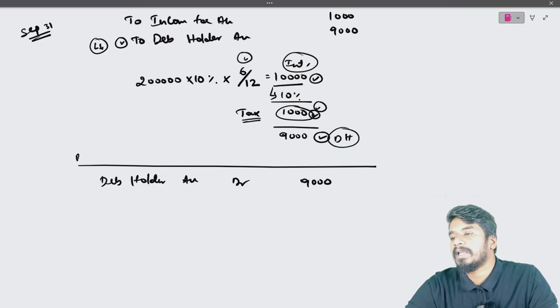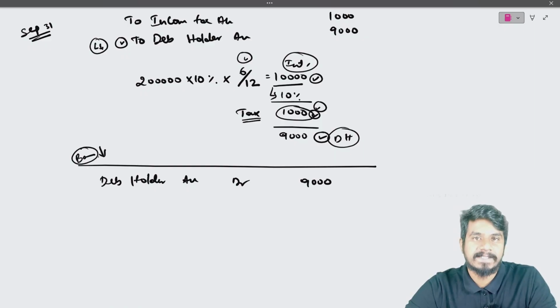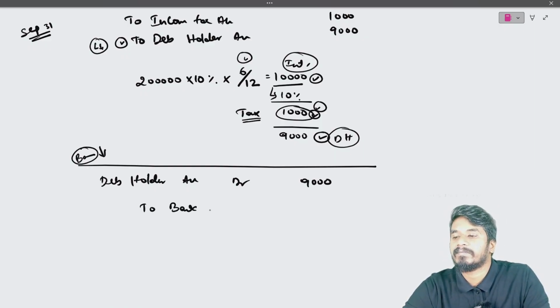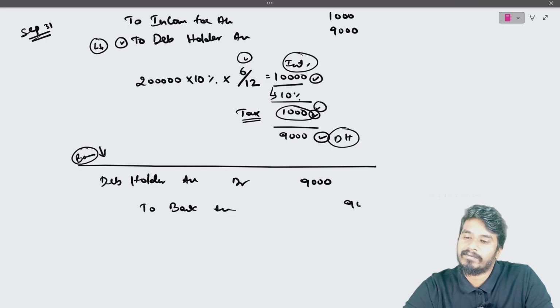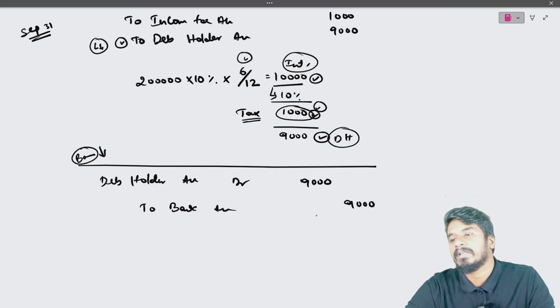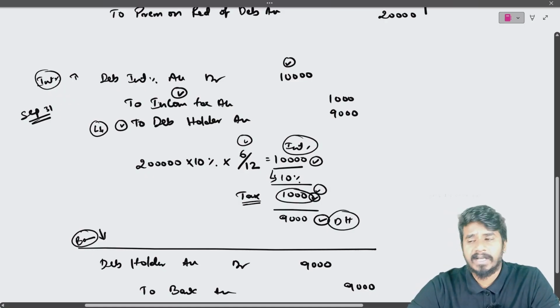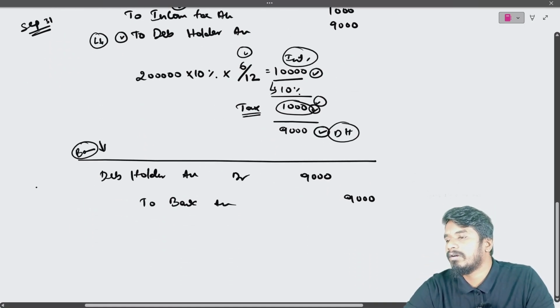Through what will we pay? Through bank we will pay. So bank account will go down. Obviously, the asset is decreasing. If an asset decreases, we will credit it. Bank account will get credited for the same 9,000. Now we need to pay income tax also. Correct. So this is the September 30th entry.